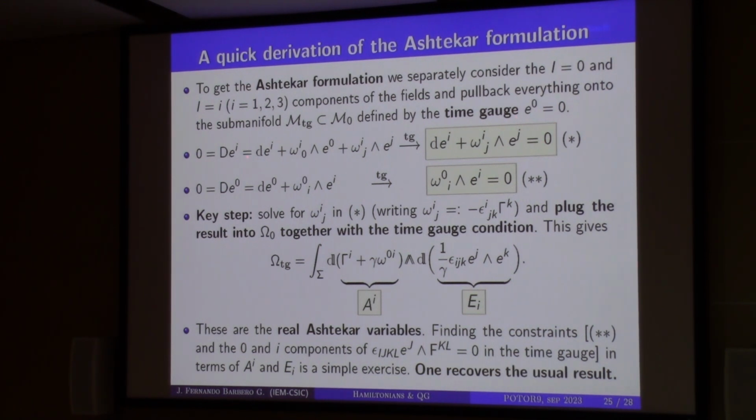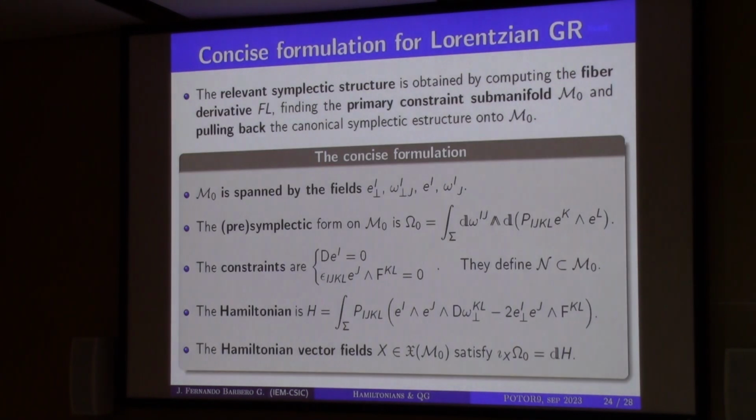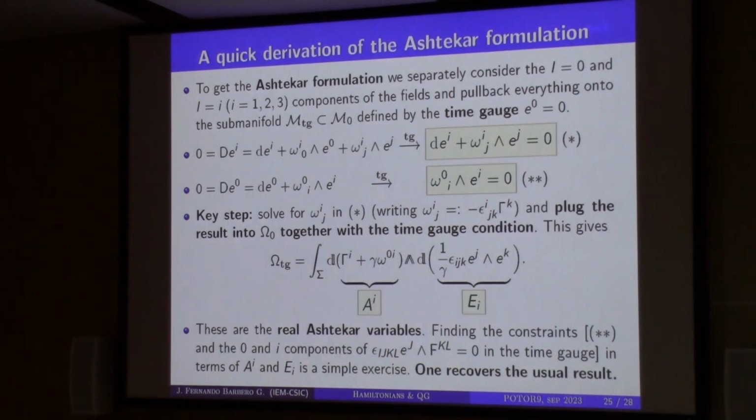Now, from this part of the constraints, you get this equation. So the other components of this constraint here, this one, you get this other equation. Another key step is the following. You solve the first equation for omega.